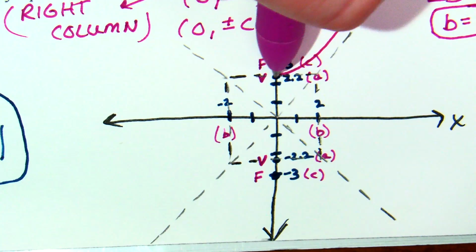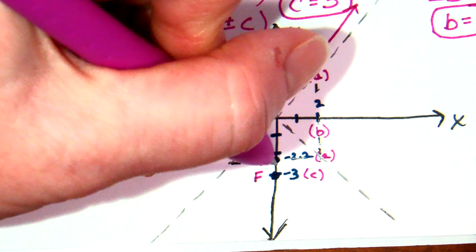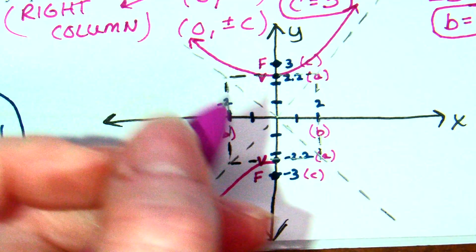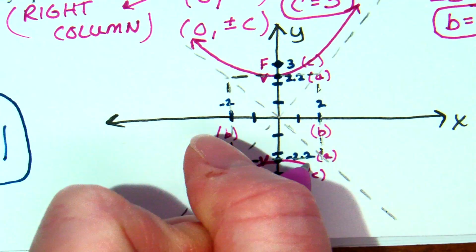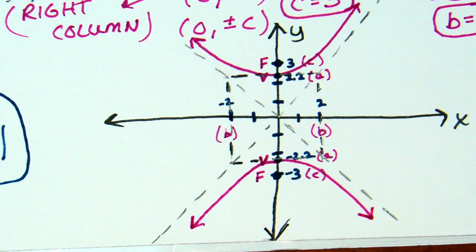Notice I'm running alongside my diagonal asymptotes, but we're not going to cross them or touch them officially. And again, depending on this angle, your asymptotes could have set it up so we had a much narrower hyperbola. In this case, it set it up to be pretty wide. And that's what I have for you on that problem.